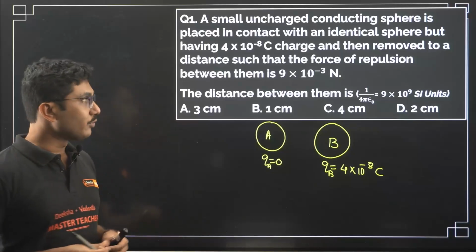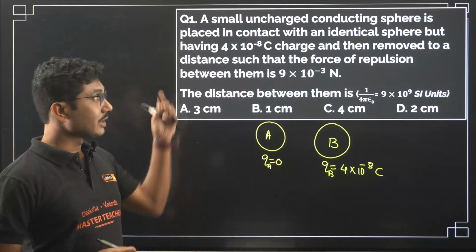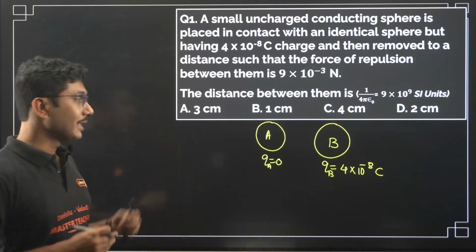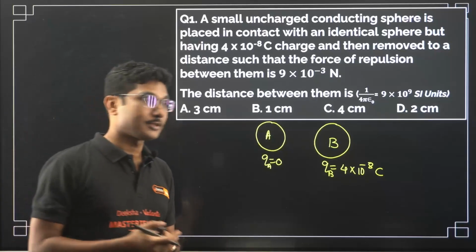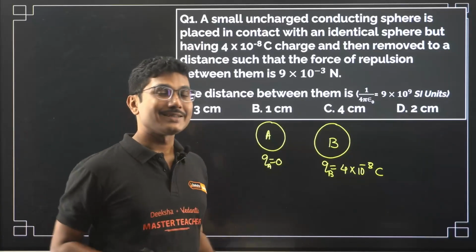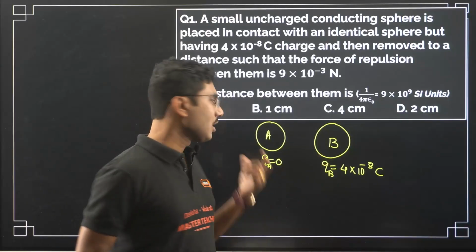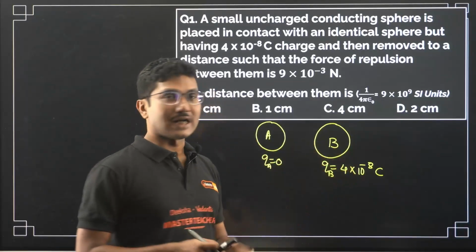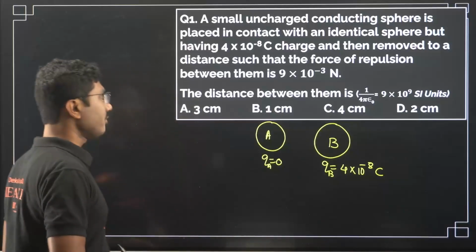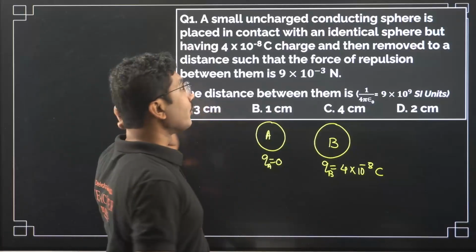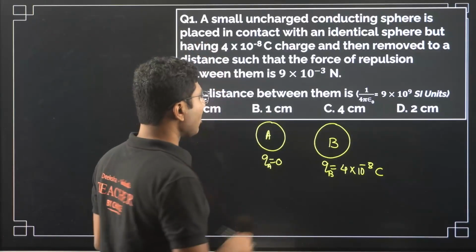I know many of you understood the question immediately after reading it, but let me explain for the weaker section of students who do not understand immediately. So here we have 2 spheres, one uncharged, one charged with 4 into 10 to the power of minus 8 coulomb. It is placed in contact.